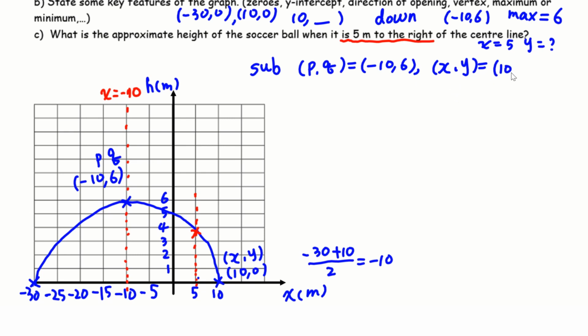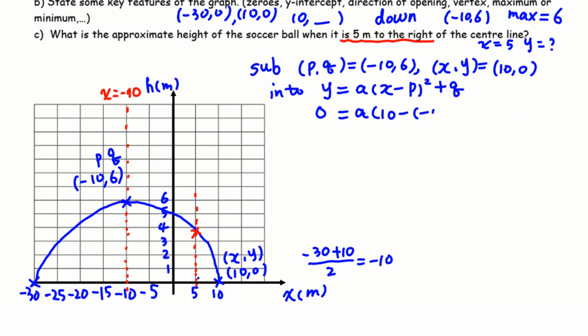So 10, 0 into the equation, y equals the vertex form, a bracket x minus p bracket squared plus q.